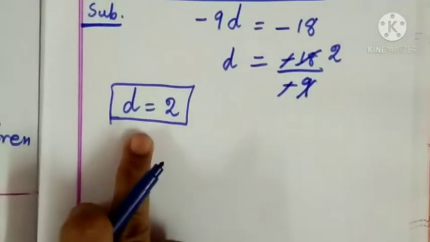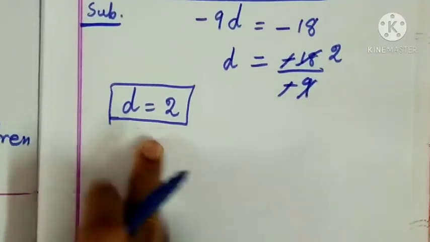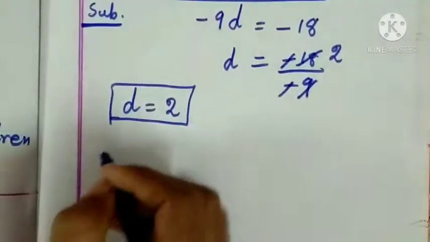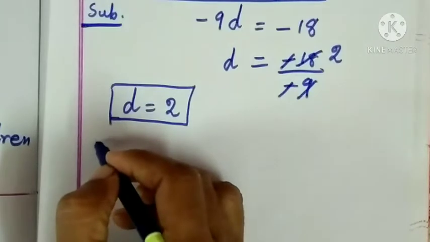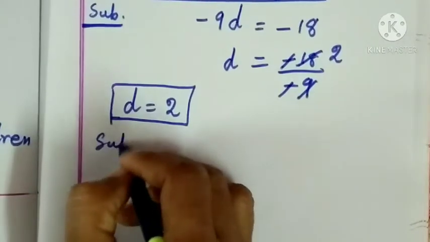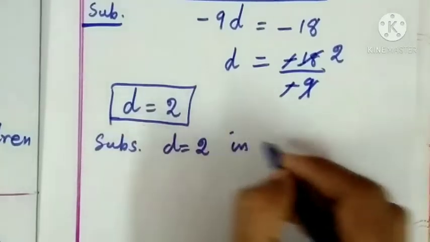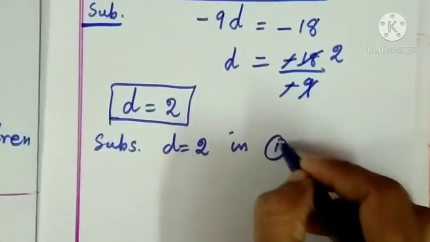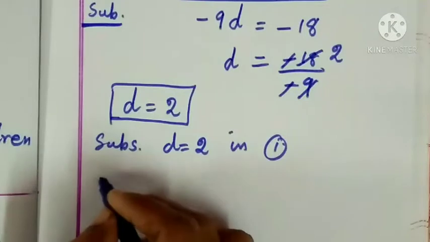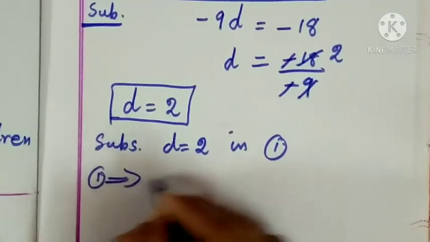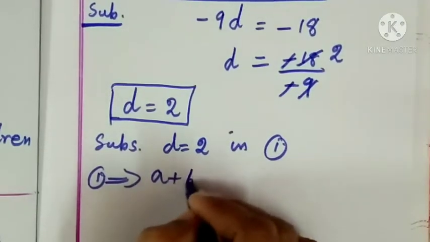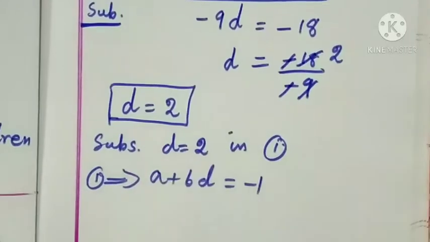Now, you have to apply this value in the first equation, means we get the value of a. That is, substitute d is equal to 2 in the first equation. Then, the first equation is a plus 6d is equal to minus 1.